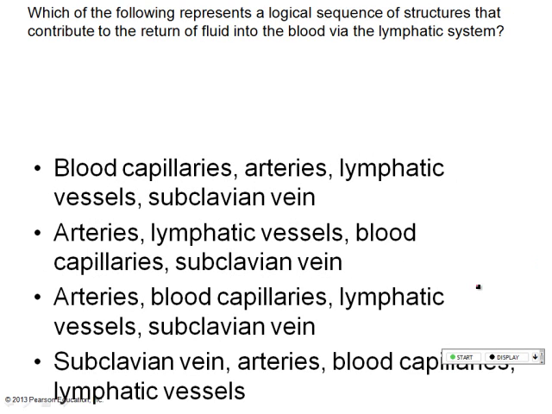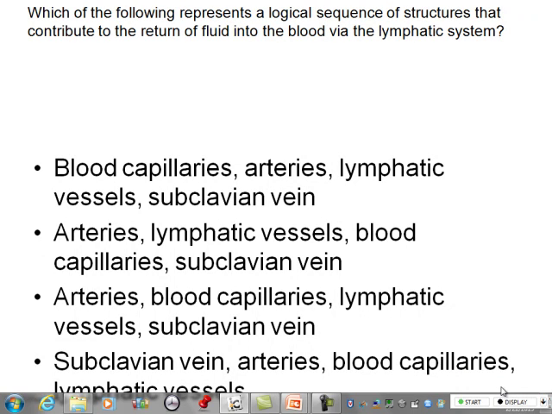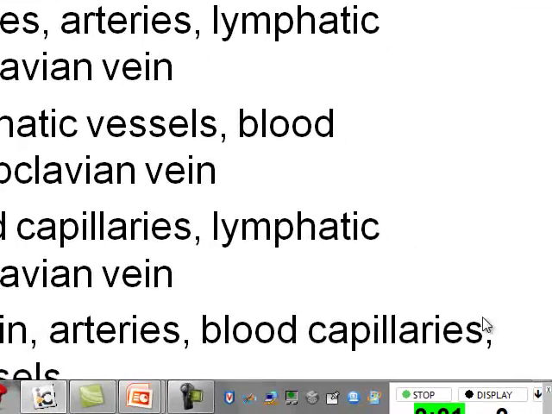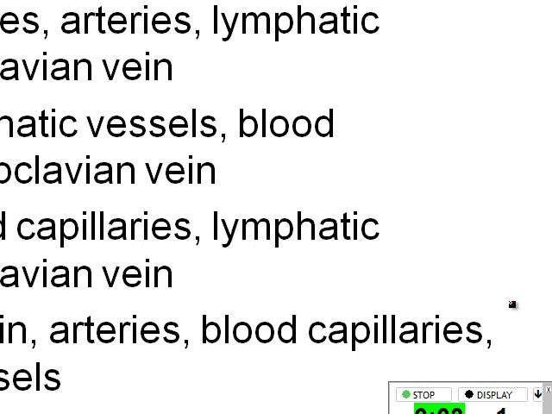One more. So which of the following represents a logical sequence of structures that contribute to the return of fluid into the blood via the lymphatic system? So where does it start and where does it end?